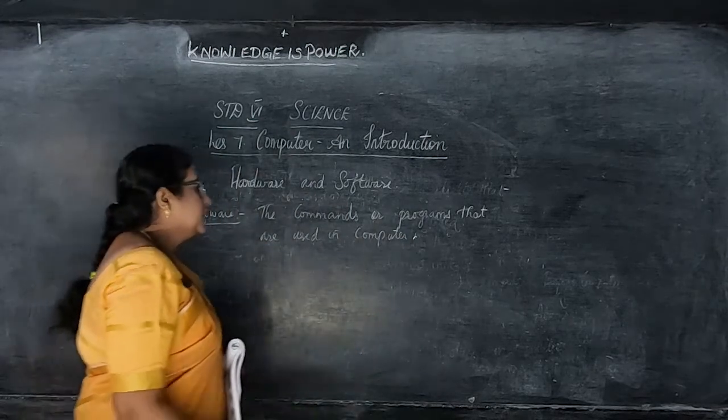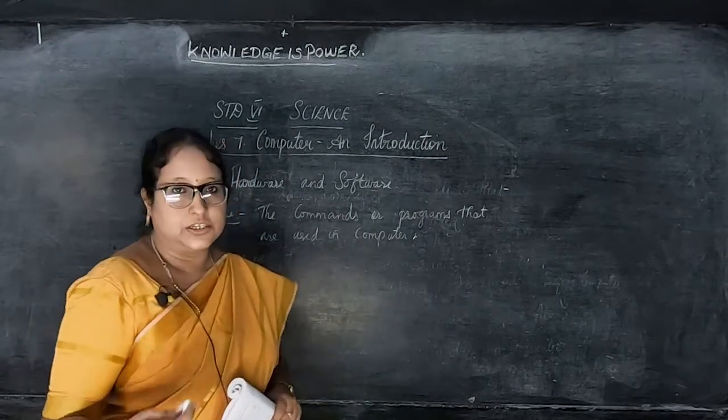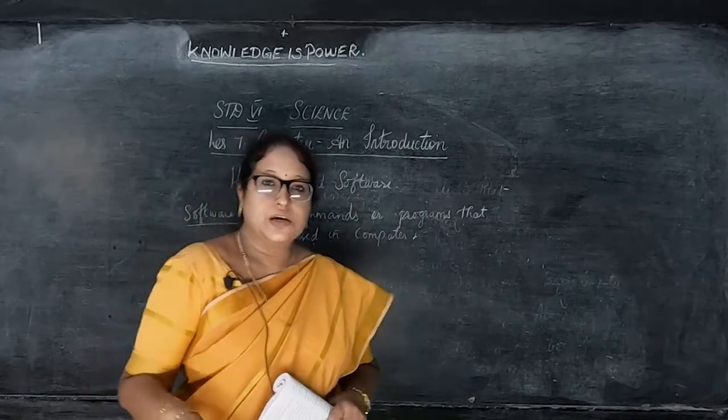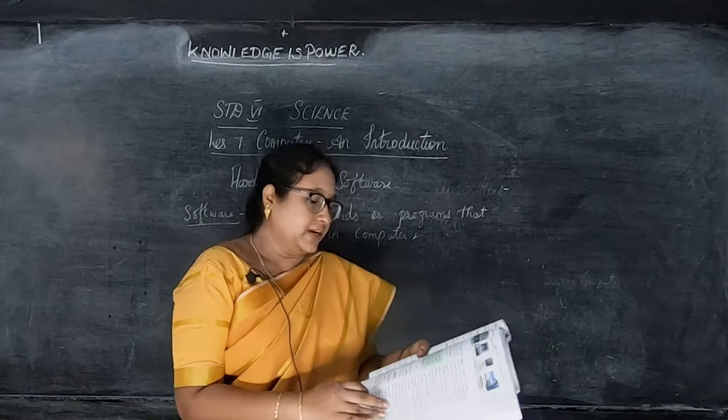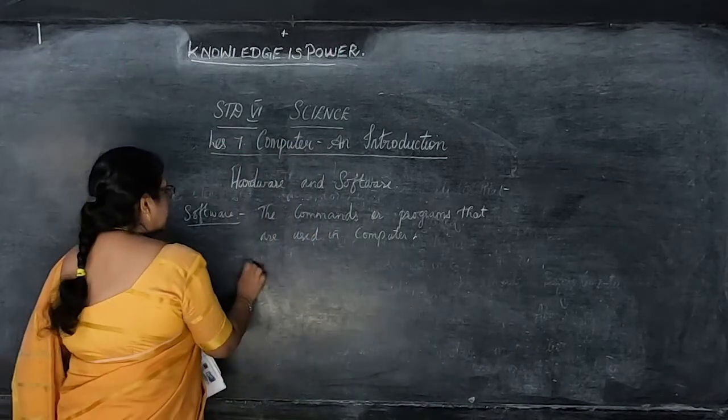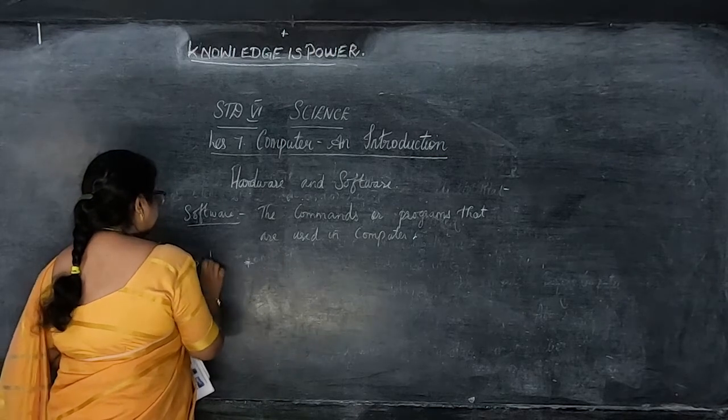What is software, children? The commands or the programs that are used in the computer are called software. And the software can be divided into two types, that is operating software and application software.